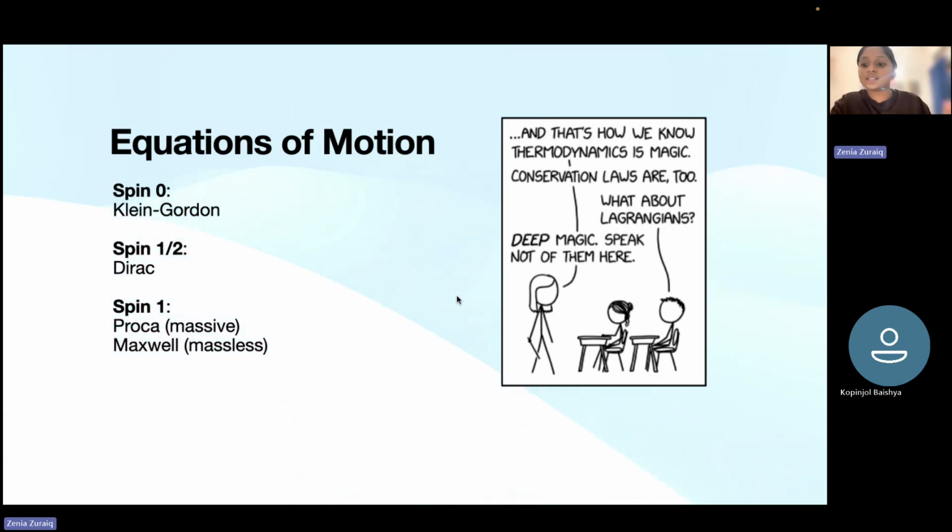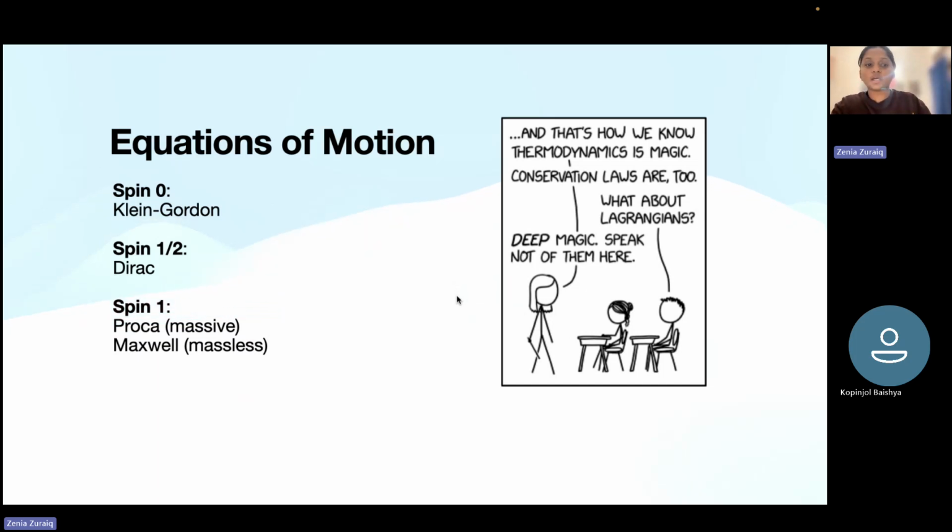So different particles can have different kinds of interactions, and this is codified by the Lagrangians that they have. So each of them has a Lagrangian. Although here I should say it is a Lagrangian density, because we are talking about fields, not just point particles. So different particles of different spins have different Lagrangians.